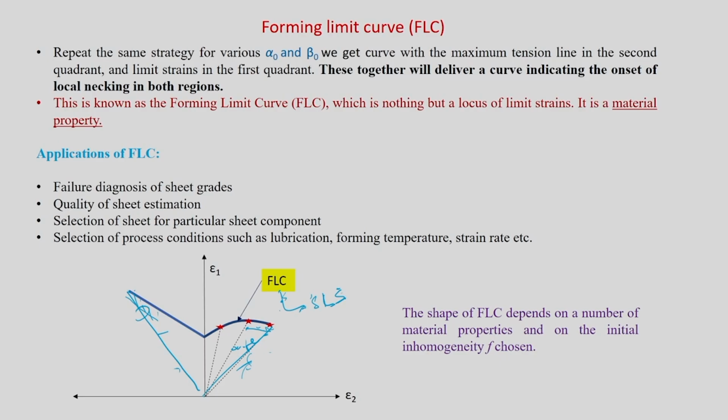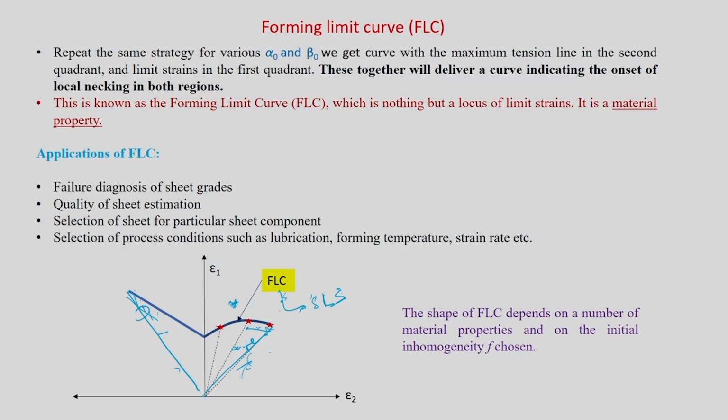Which means the selection of material can be done for a particular component using this forming limit curve. Okay. Suppose this is the forming limit curve of one material and you make a component, and you see that at one particular critical location the strain has crossed this and reached this particular point. That means the component has already failed, and you cannot make that component with that material. So either you change the material or you change the process conditions.